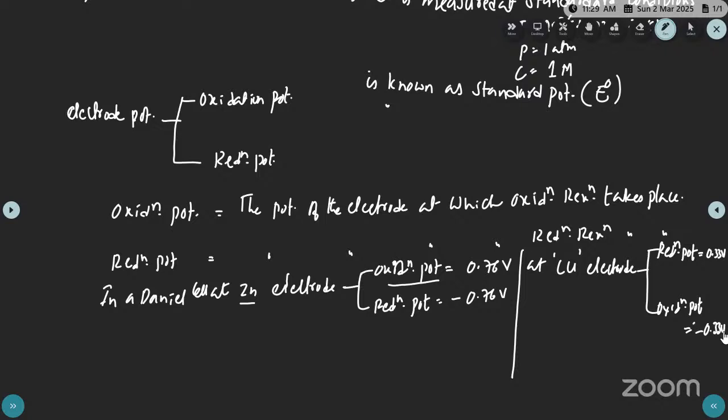It depends on the reaction that takes place at that particular electrode. If oxidation reaction takes place, the oxidation potential is positive and the reduction potential is negative. If reduction reaction takes place, the reduction potential is positive and the oxidation potential is negative. So like that, we can say what potential is present at a particular electrode.